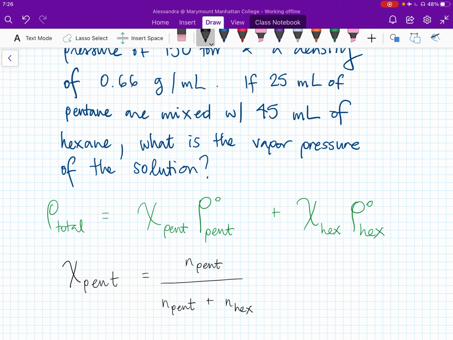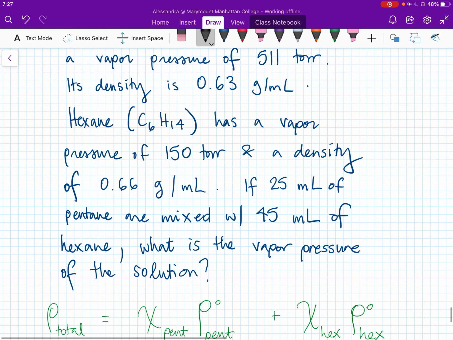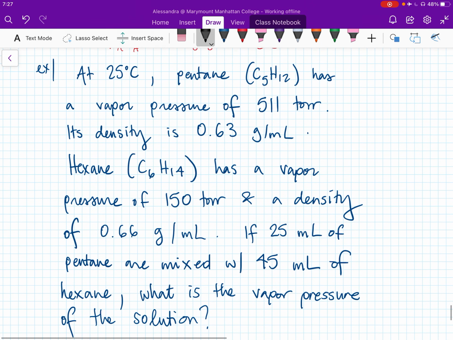So how do we figure that out? Well, in the problem, I was given the volume of pentane, the density of pentane, and the formula of pentane. From the formula, I can get the molecular weight.